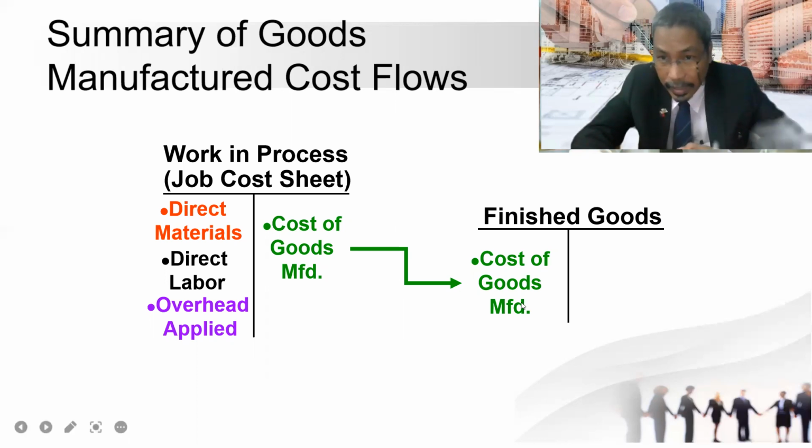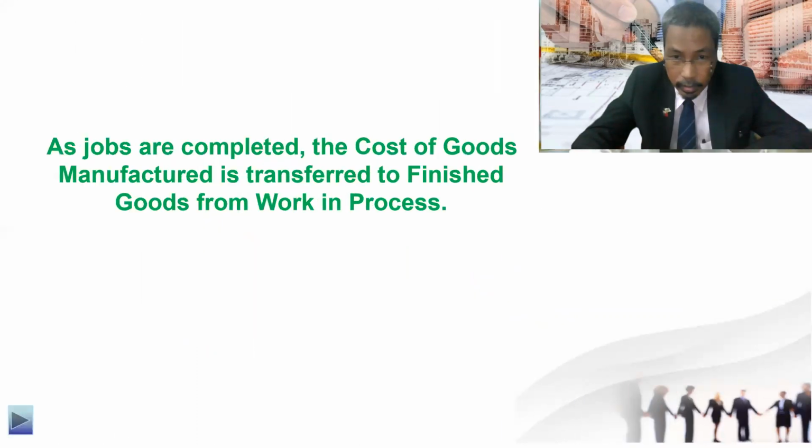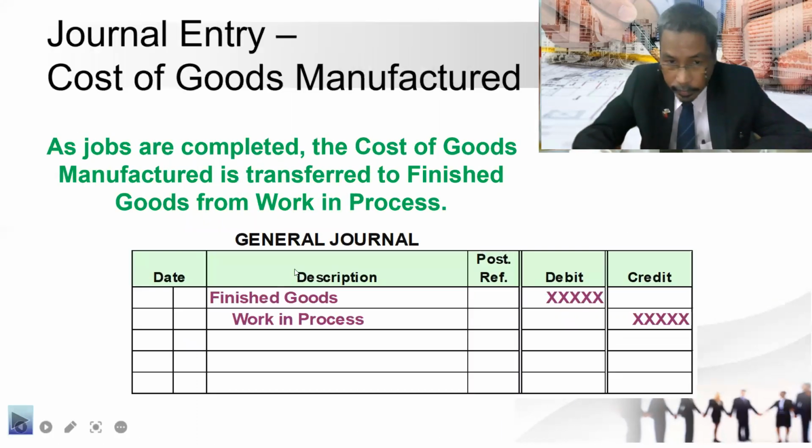The finished goods increase in number. The work in process decreases in number. So this is the right side. This is the left side. Take a look. Finished goods, left side, because it is increased. Work in process decrease, that is credit. So debit, credit. Okay? So as jobs are completed, the cost of goods manufactured is transferred to finished goods from work in process.